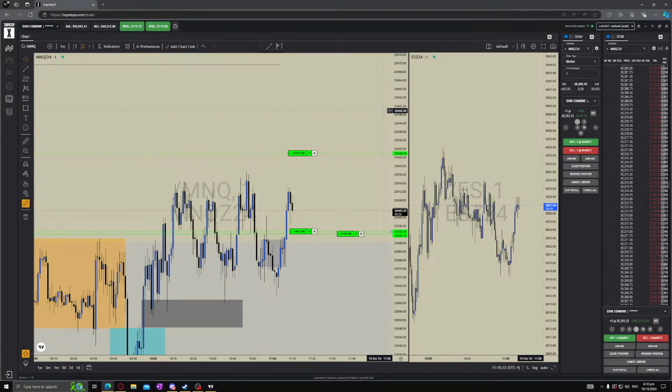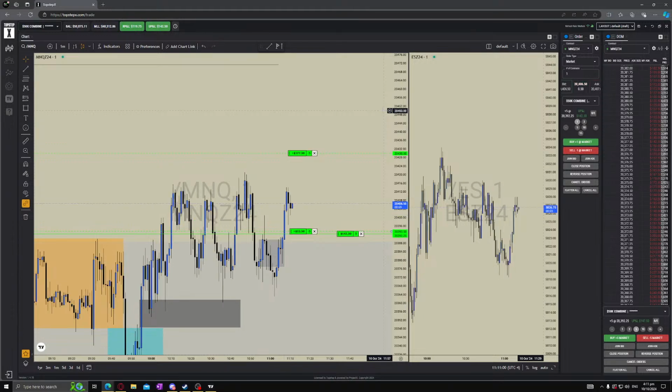All right, this price action is not it. Holy moly. Oh, there we go.